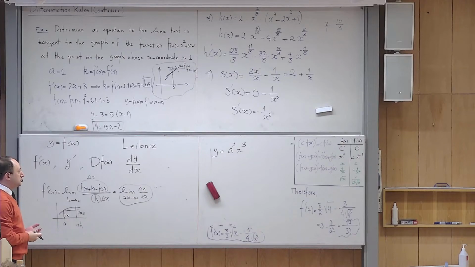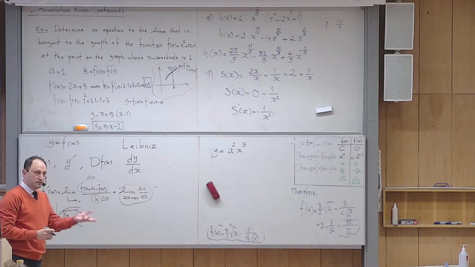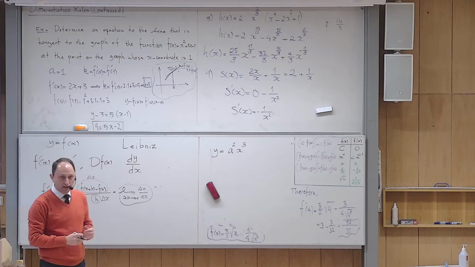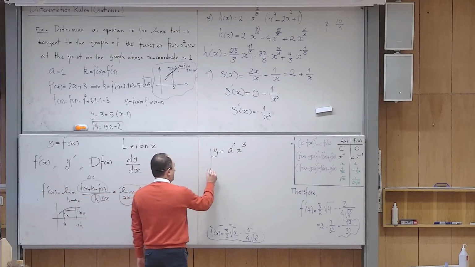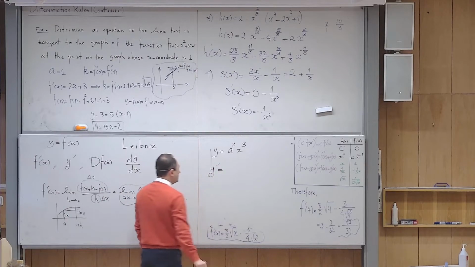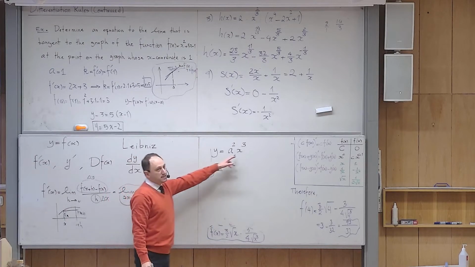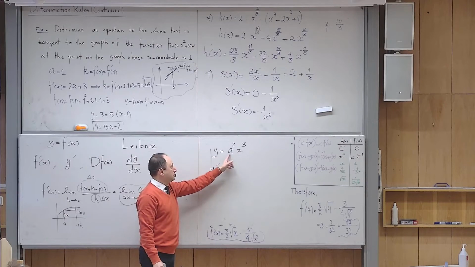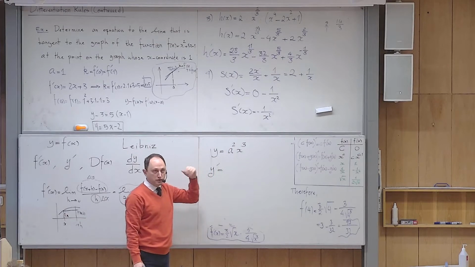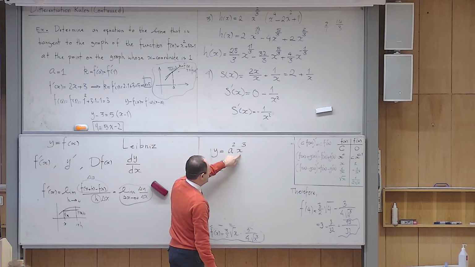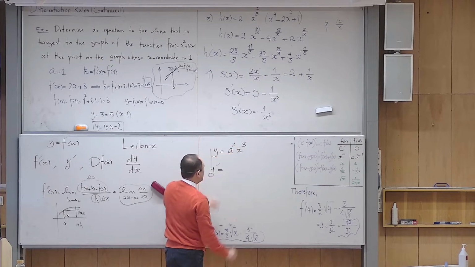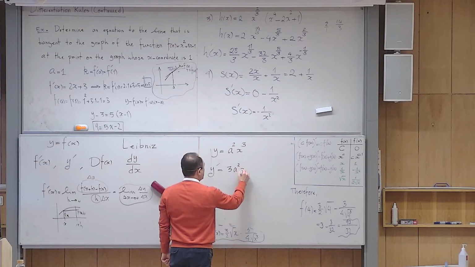If I ask you to differentiate this without saying anything extra to you, by default, we take x as the variable and a as a parameter, a constant. So when I don't say anything and I ask you to differentiate this, I mean take x as your variable. Then it means a squared is a multiplicative constant, so I will not touch it. I will take the derivative of this one, which becomes 3x squared. And then I have a squared, so this becomes 3a squared x squared.